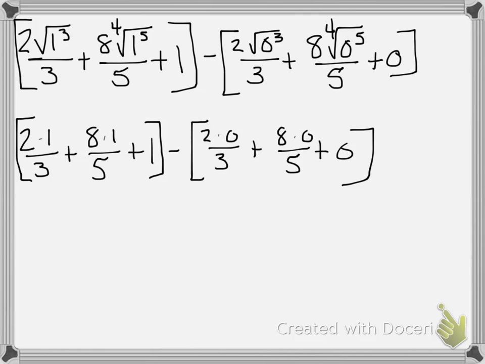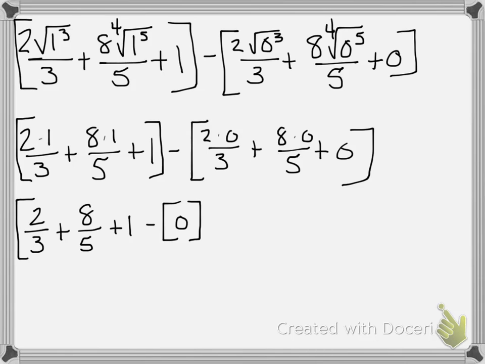But we're going to have 2 thirds plus 8/5 plus 1 minus 0.